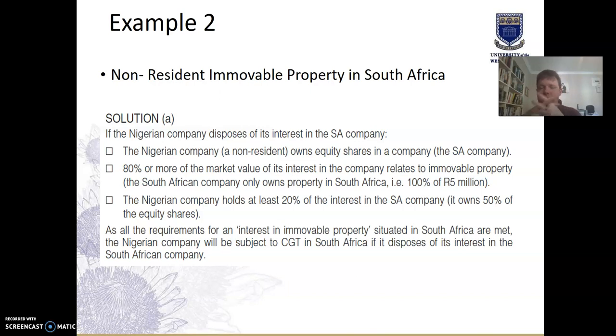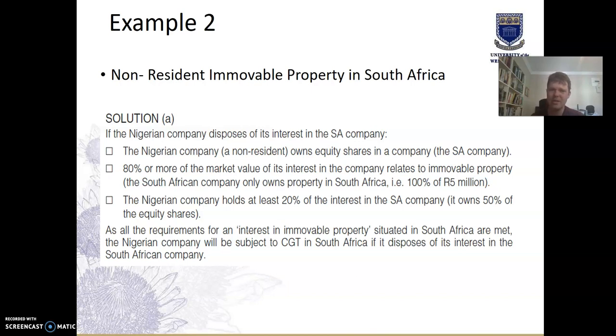So we need to think about two things. Do we hold at least 20%? And is at least 80% of the value of these shares attributable to immovable property in South Africa? First step. Do we hold at least 20%? Yes. The Nigerian company owns 50% of the equity shares in the South African company. So that option is good to go. The second issue is whether 80% or more of the market value of the part that you own in the South African company is attributable to South African immovable property.